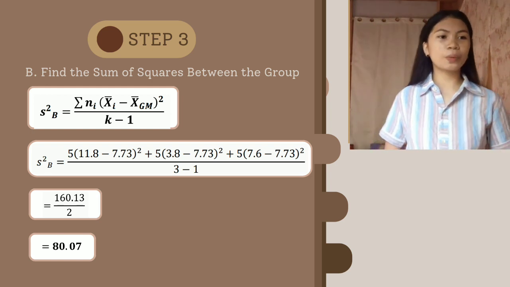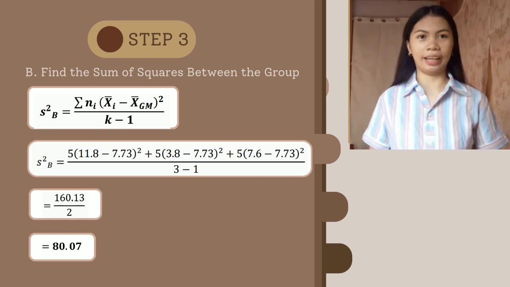The sum of squares between the groups is 80.07.